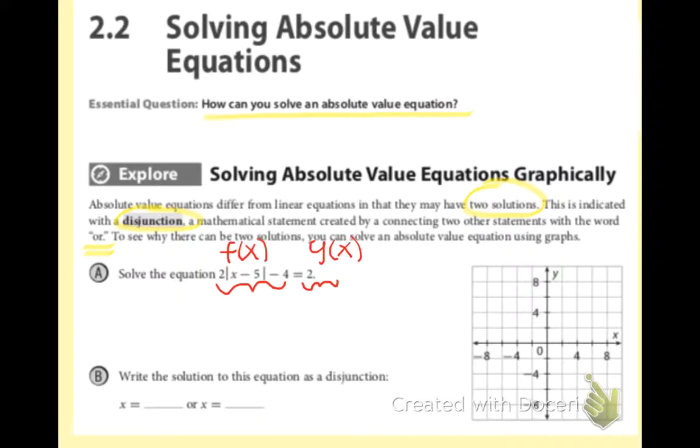Taking a look at the absolute value side, we can see that the vertex is at (5, -4), and the slant or steepness of the branches is 2. So I could plot that vertex at (5, -2). Sorry, (5, -4), which would be right there.